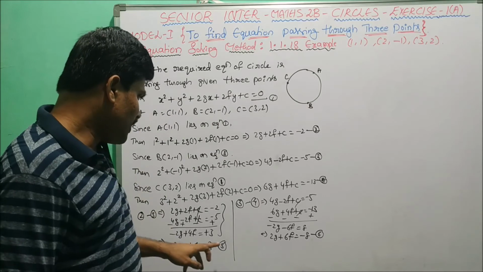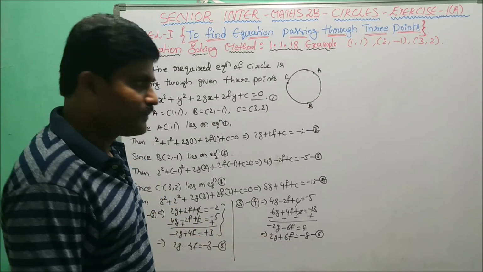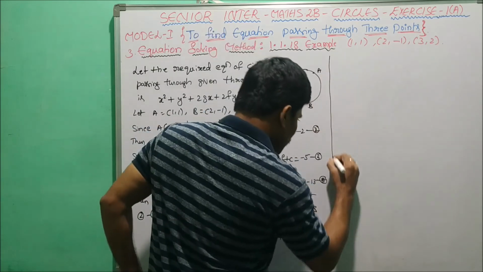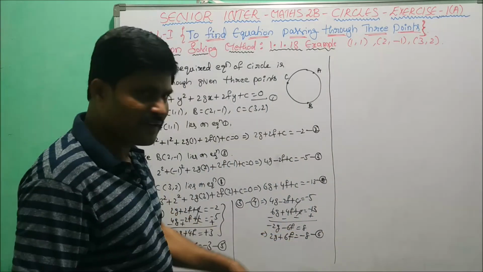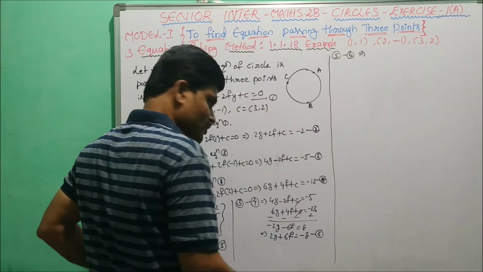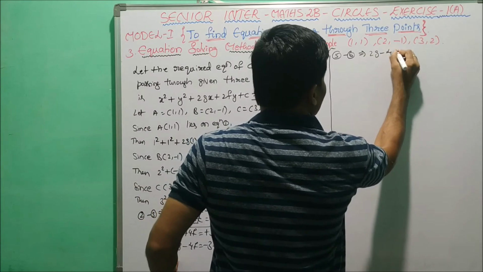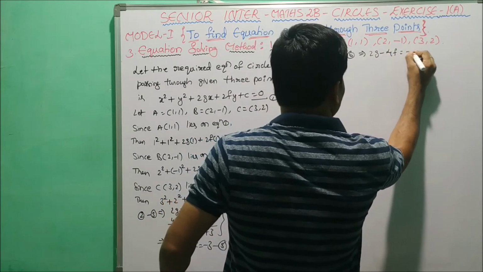Now here we observe equation 5 and equation 6, g terms are equal. Now here also we take equation 5 minus equation 6. Equation 5 is 2g minus 4f equals minus 3.